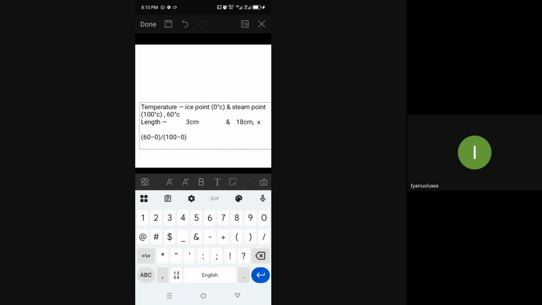The temperature whose length or height you are looking for, minus ice point, over steam point minus ice point, is equal to the length you are looking for, that is x, minus the length at the steam point.